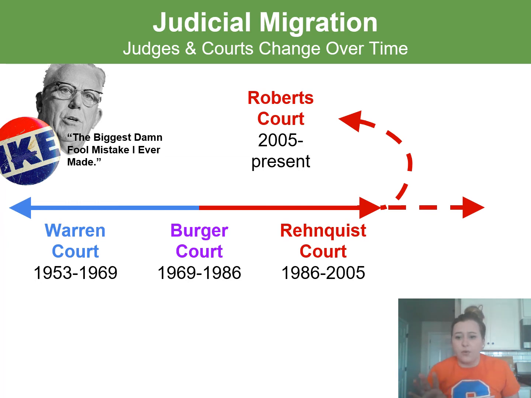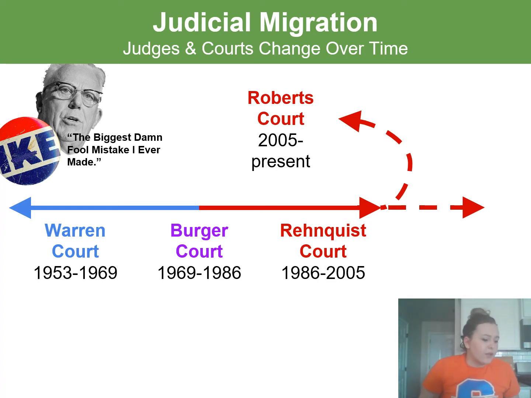There were like 4 pretty staunch conservatives, 4 pretty staunch liberals, and Kennedy would often swing the vote on the Roberts Court. As President Trump has gotten Supreme Court appointments, he's had 2 now, that court has become more conservative.